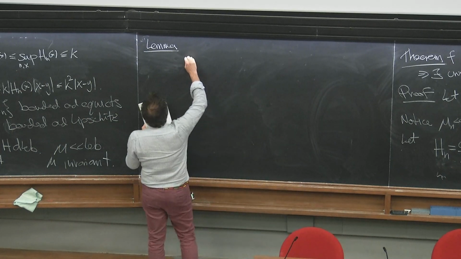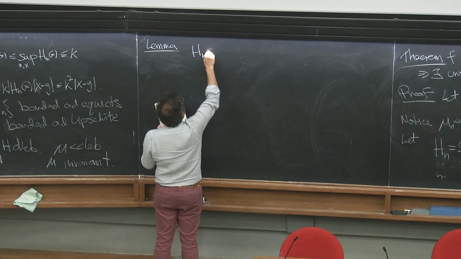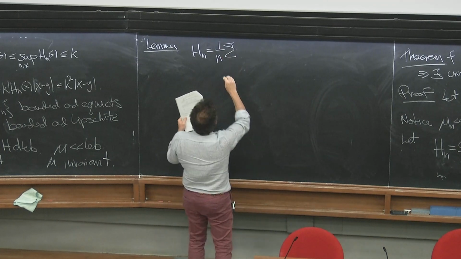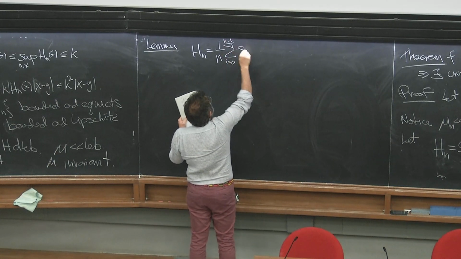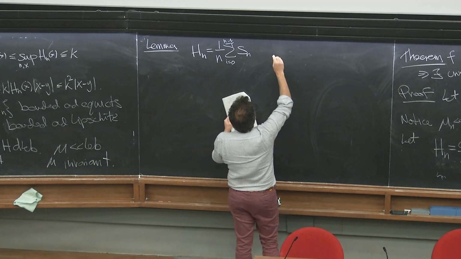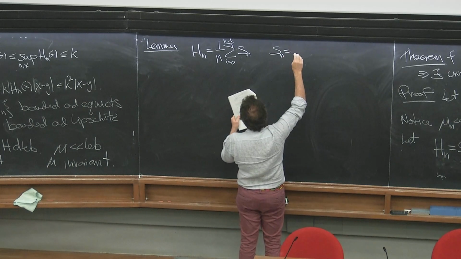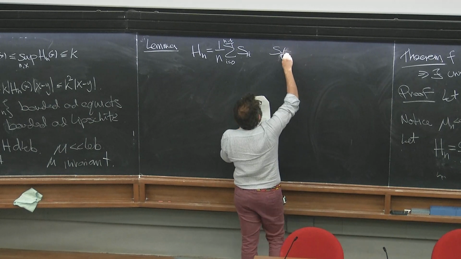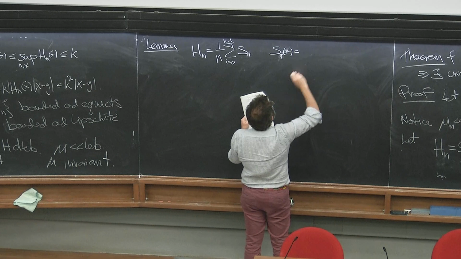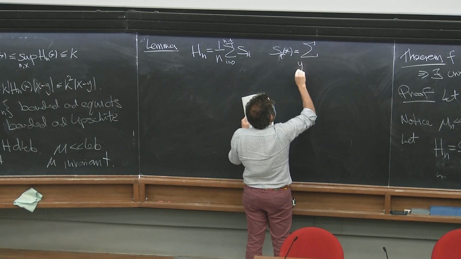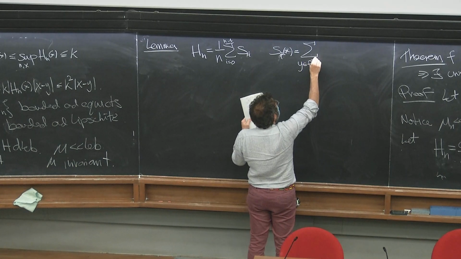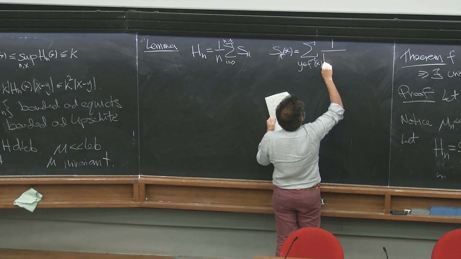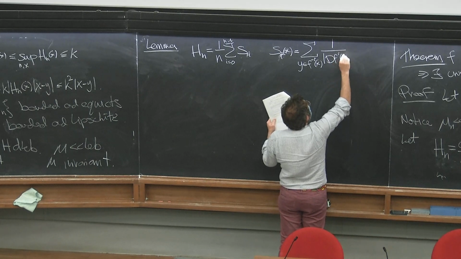So the lemma is this, that Hn is actually of the form 1 over n, the sum i equals 0 to n minus 1 of Si, where Si of x is equal to the sum of y in f minus i of x of 1 over the derivative dfi of y.